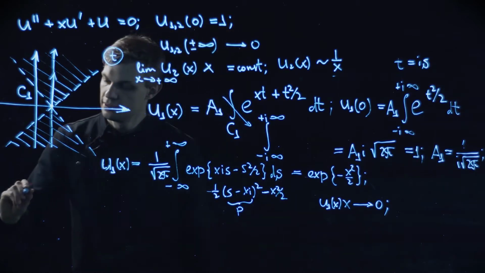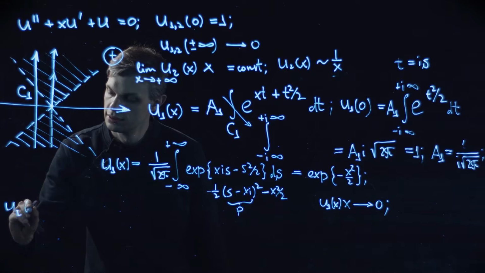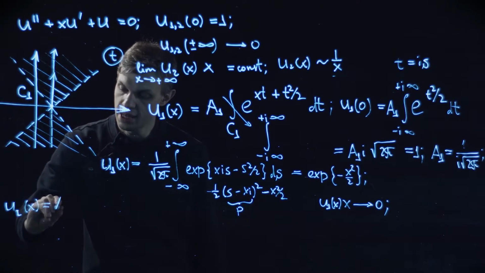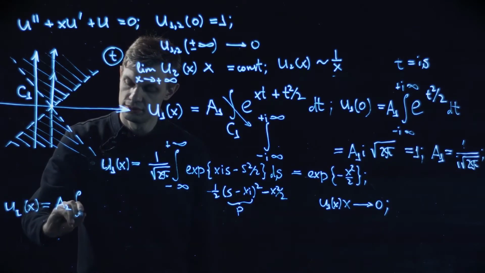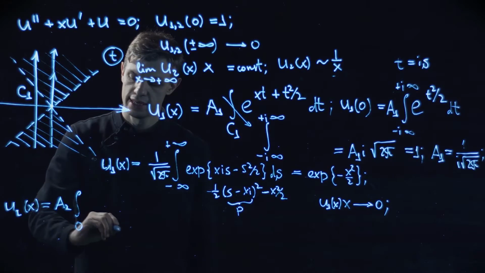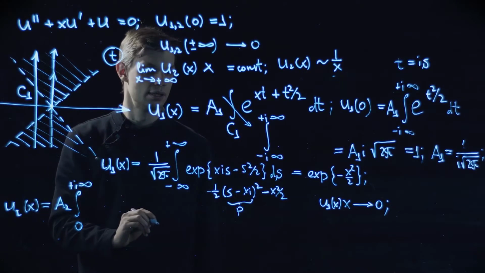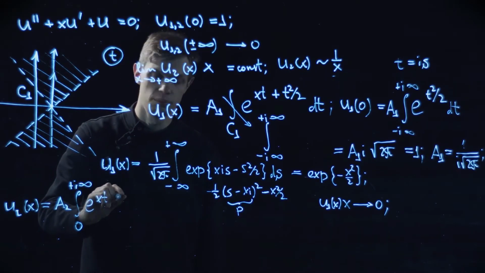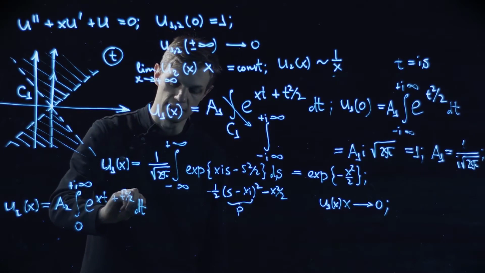All right, so this is the second solution, with another constant a2, and the integral now stretches from 0 this time to plus i infinity of e to the power of xt plus t squared over 2 dt.